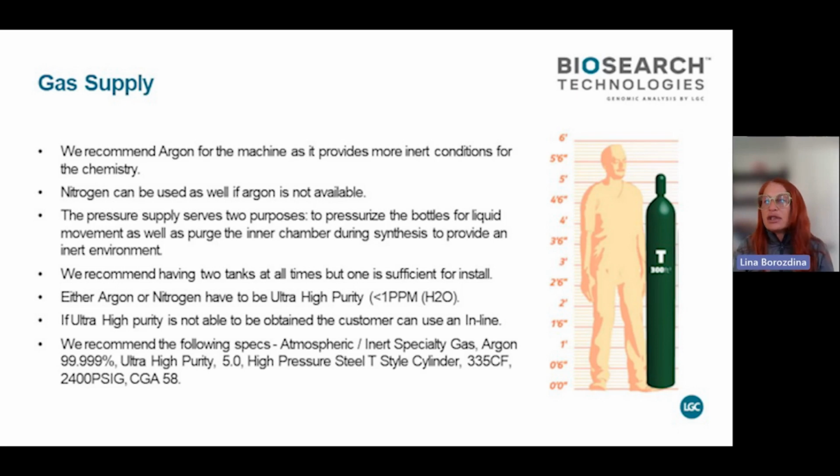However, currently there's a huge shortage of helium in the world, and it's extremely expensive compared to the other two gases. So the first one I would usually recommend is argon, and we do recommend using it in ultra pure quality, which has a very low water content.